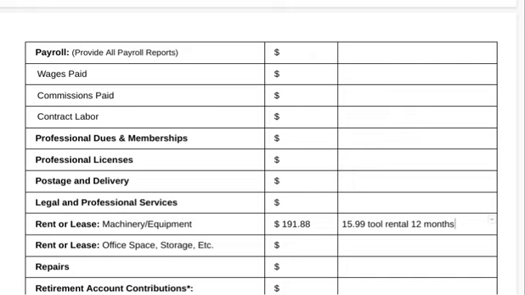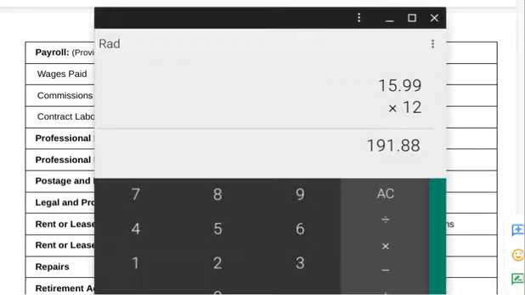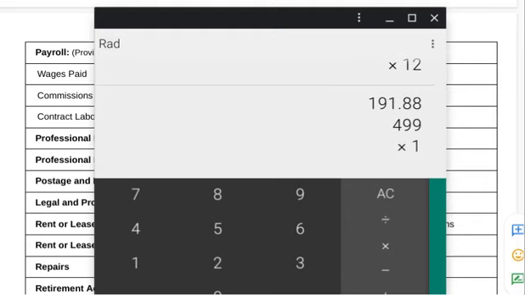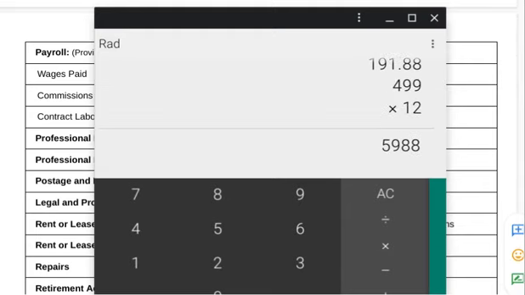Wow, easy. Moving forward, the rent or lease on any office space or storage, you're gonna put that here. Same here. So if you're paying a rental fee of $499 a month to rent a unit, and you're gonna times that by 12 months, that's $5,988 that you've spent all year on that.